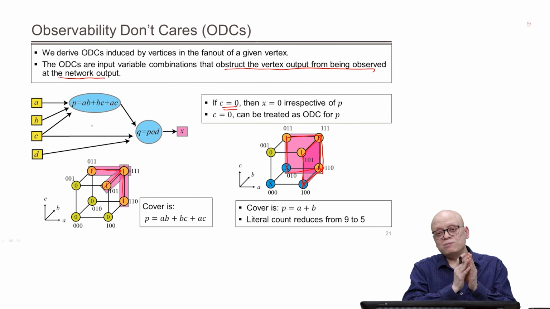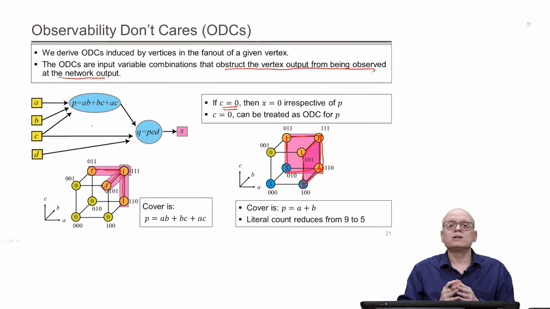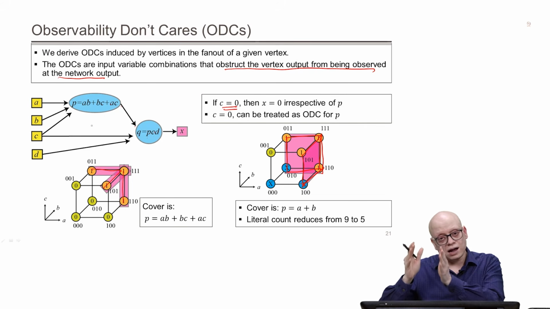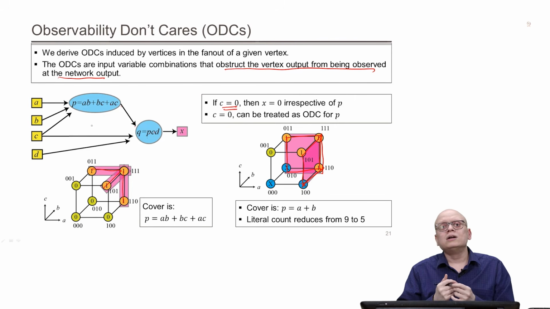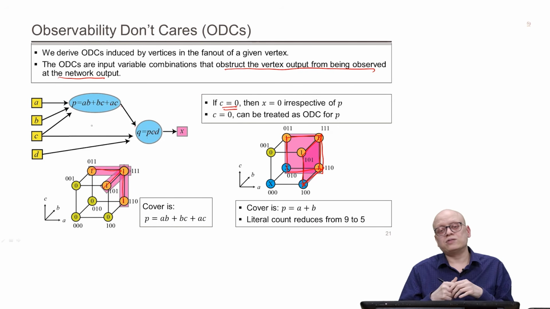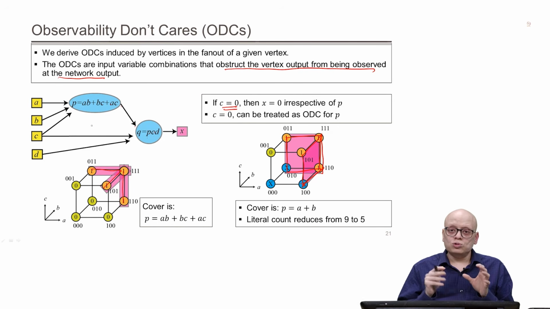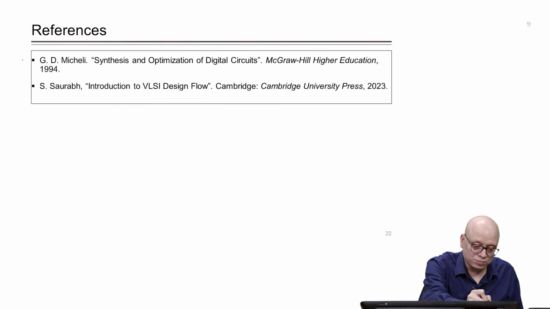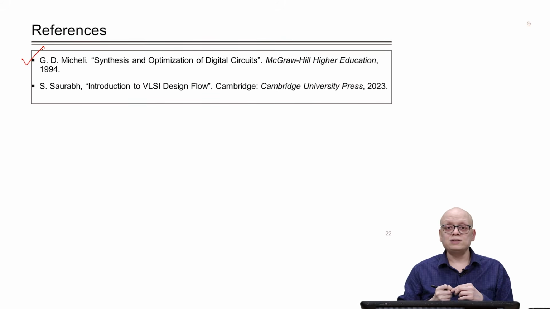Once we have thousands of vertices in our network, then we have to do a traversal of the Boolean graph, discover the don't care conditions, and then utilize them for Boolean optimization of the local functions and the network. Those are very sophisticated techniques, and if you want to look into them, the book by Micheli is a very good reference.